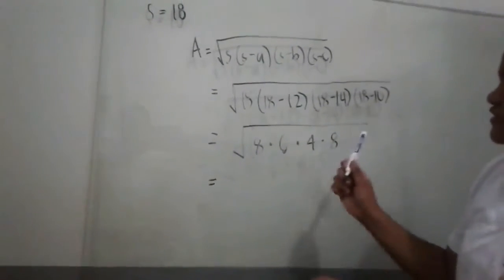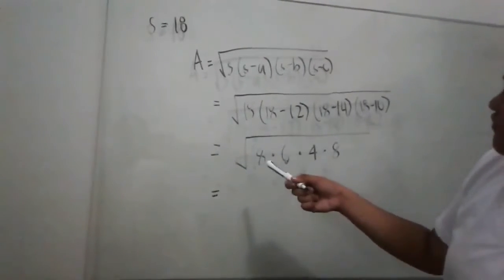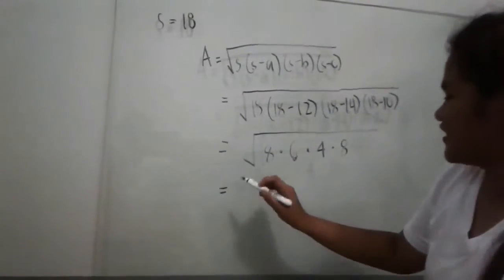Now let us factor the numbers inside the radical sign.